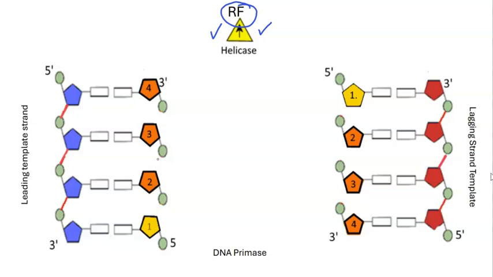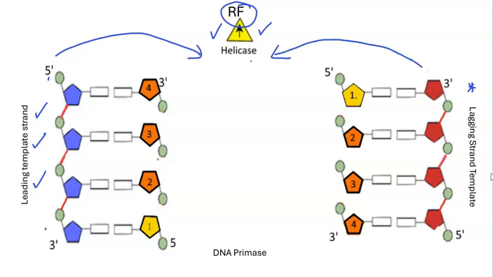On this side, where the 5' is in close proximity to the helicase, this has 5' to 3', and we refer to the original polynucleotide chain here as the leading template strand. Over here we have the other original polynucleotide, and where the 3' is in proximity to the helicase, this is known as the lagging strand template. So leading strand and lagging strand.